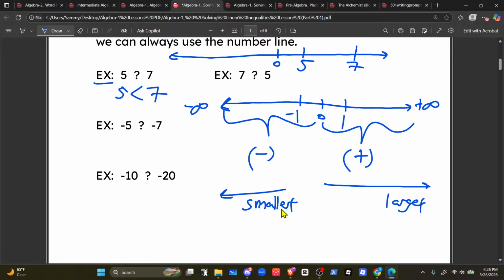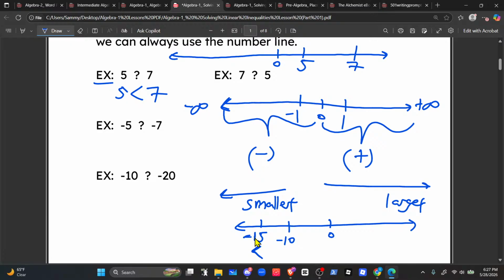Okay, and you might be confused by this somewhat because let's say, for example, you're comparing -15 and -10. Well, we know that since -15 is to the left of -10, -15 is going to be less than -10, right? It's smaller.